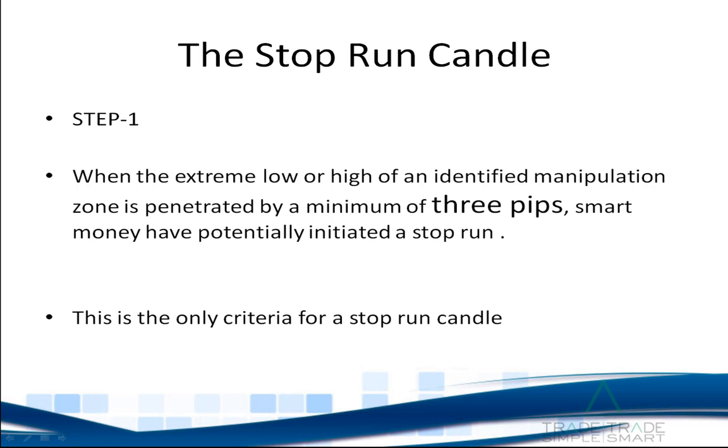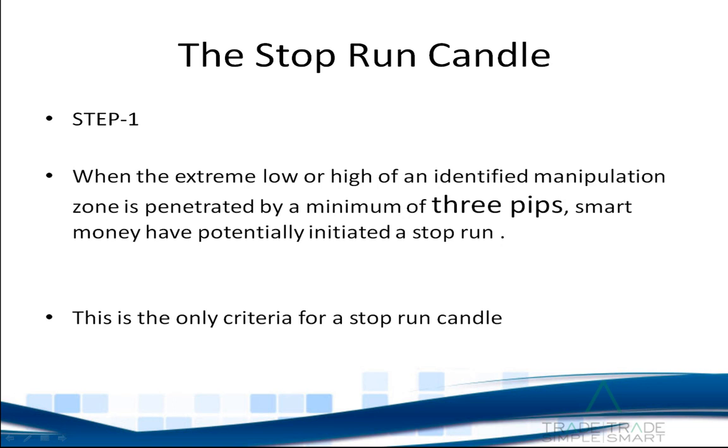So step 1, the stop run candle. When the extreme low or high of an identified manipulation zone is penetrated by a minimum of 3 pips, smart money have potentially initiated a stop run.